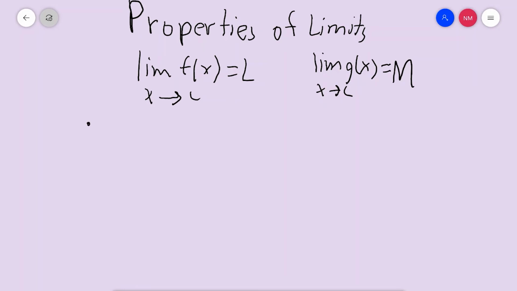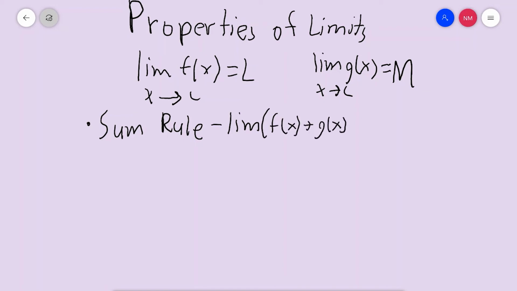So the first property we will write down is the sum rule. So when we try to take the limit of f of x plus g of x as x approaches c, then that would just be the sum of the two limits.